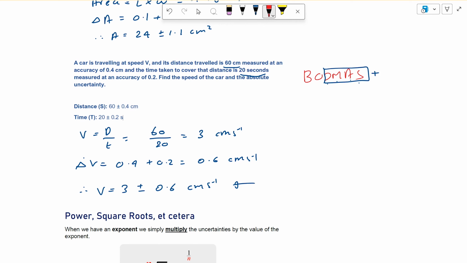But if ever you are working with brackets or orders, which simply means x squared, square root x, or anything along those lines, then you will need to multiply the absolute uncertainties.